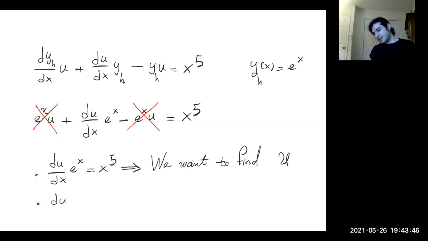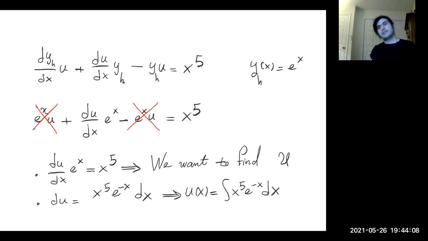So du is equal to x to the 5 divided by e to the x times dx. We have separation of our variables, and then we can integrate. The left-hand side would be u of x. The integral cancels the differential. The right-hand side would be this integral.